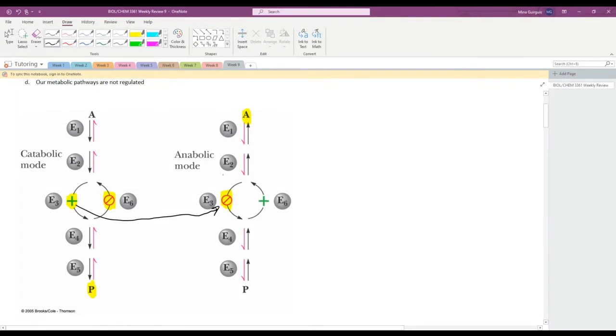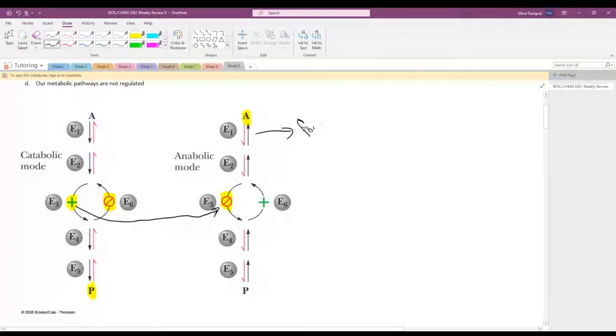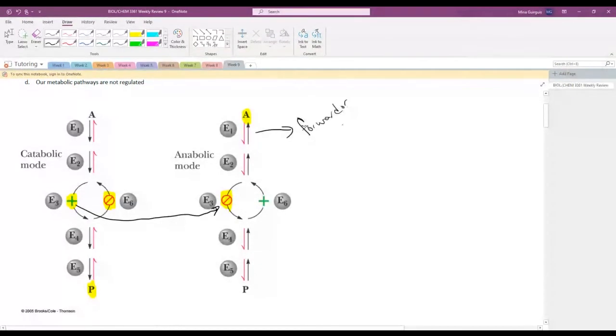Okay. Another thing to point out here is the reactions that are regulated tend to have different enzymes, which means that these reactions can be forward or reverse. In other words, their delta G's are near 0. They could be spontaneous or non-spontaneous, and they don't really need a ton of energy to go one way or the other, because they could go either way.